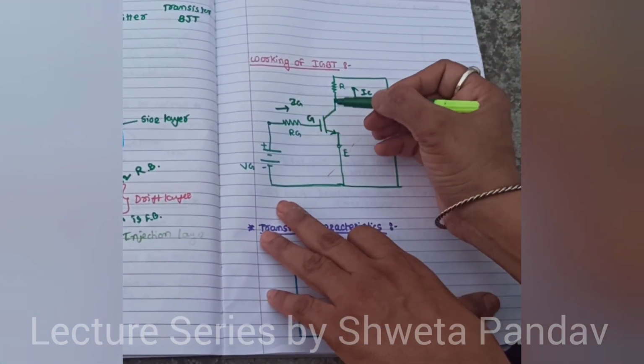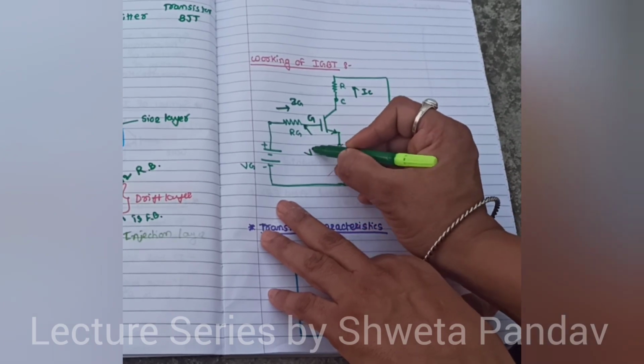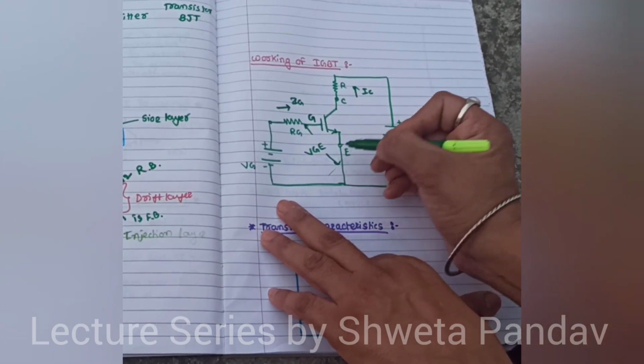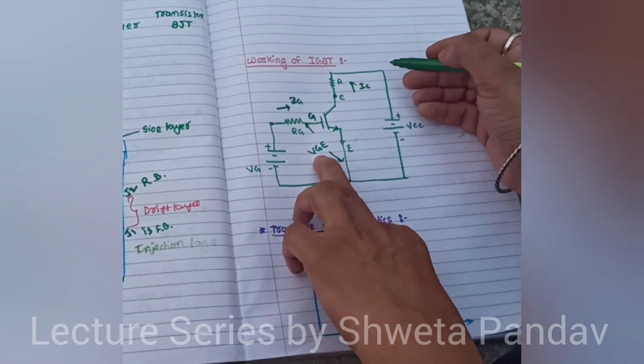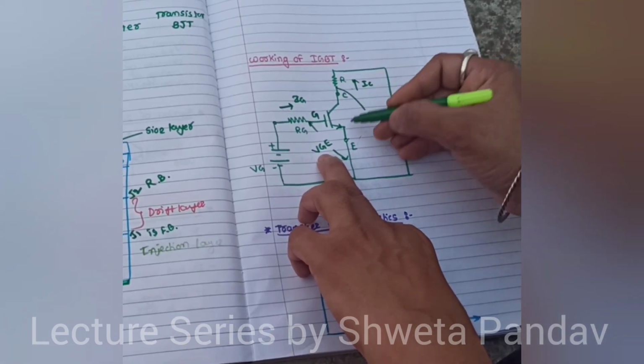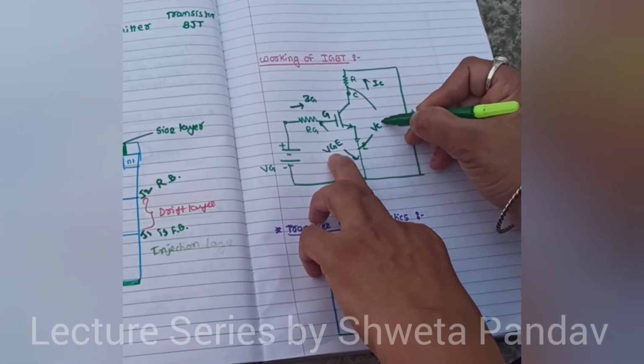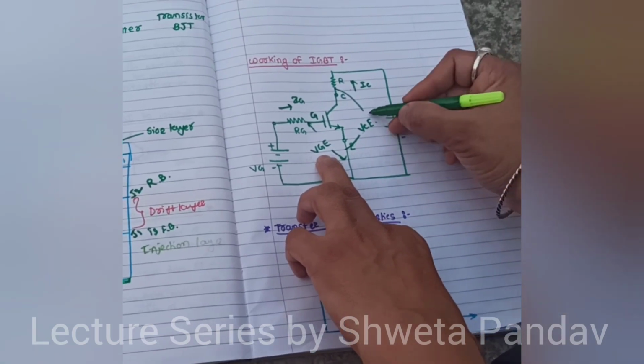So Ig is the input current and the voltage between gate and emitter is called the input voltage, and IC is the output current and the voltage between collector and emitter is called the output voltage.